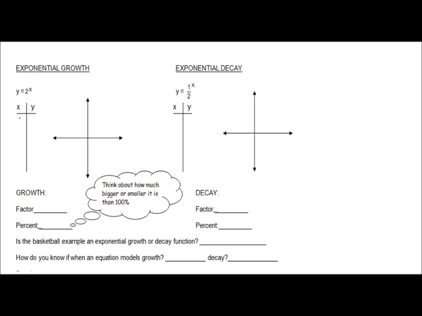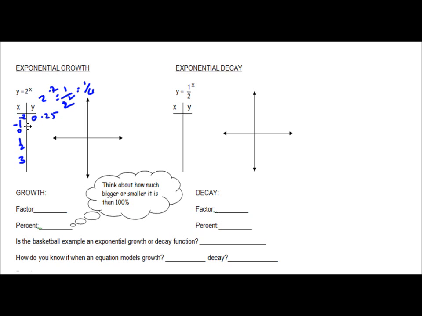So I'm choosing my x values. Remember, x is always an independent variable, so I choose my values: -2, -1, 0, 1, 2, 3. If you plug in -2 in place of x, 2 to the power of -2 is 1 over 2 squared, which is 1/4. So the y value is 0.25.